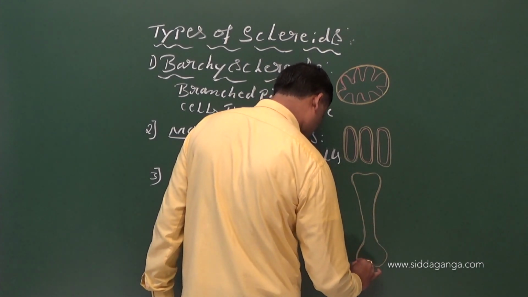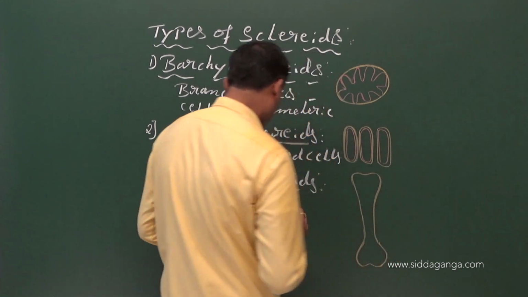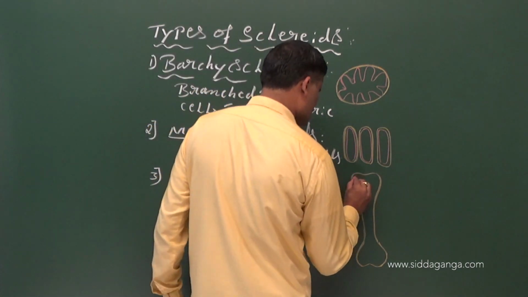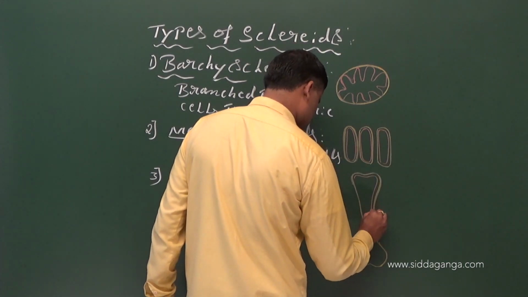The bone shaped cells are called osteosclerids. Here also the lignin deposition is uniform throughout the cell.